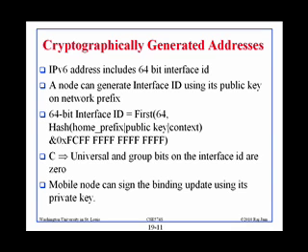So with this method, you have a cryptographically generated address. You can use that address because your network prefix is the foreign network prefix plus your CGA, and then you can sign it with your private key. The way public key and private key work is that anything you sign with the private key, anybody can verify using the public key.